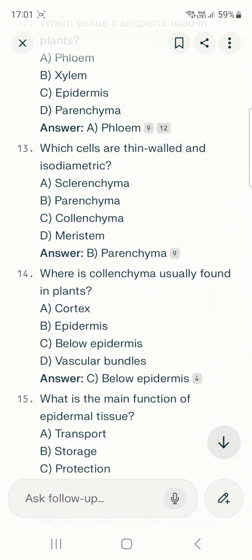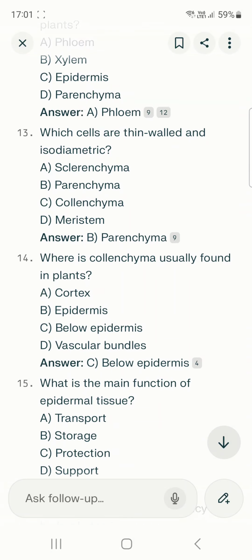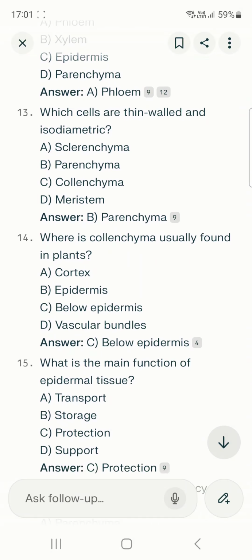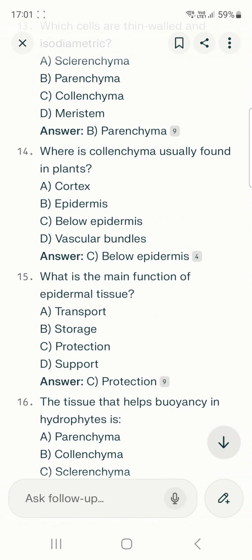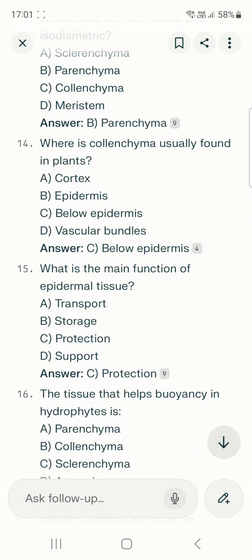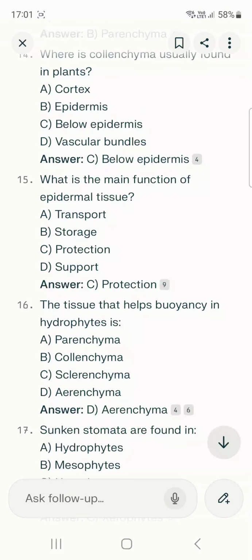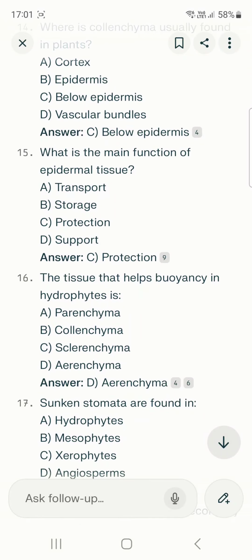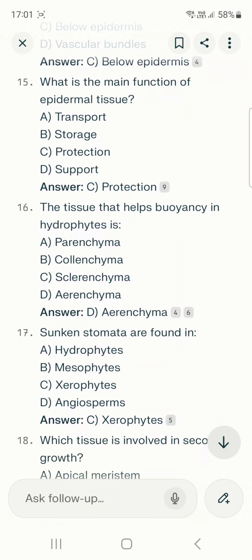What is the main function of epidermal tissue? And the correct answer is protection. The tissue that helps buoyancy in hydrophytes is parenchyma. Yes. Sunken stomata are found in, and the correct answer is xerophytes.